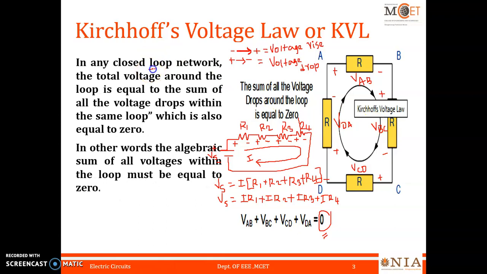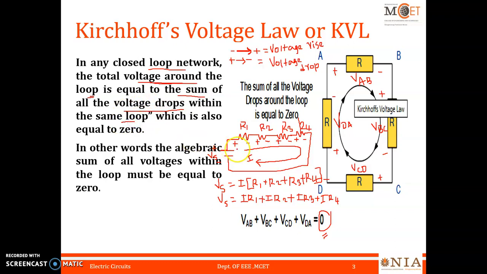That is what has been stated: in any closed loop network, the total voltage rise around the loop is equal to the algebraic sum of all the voltage drops in the same loop.